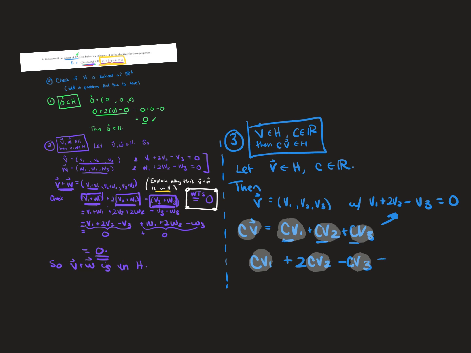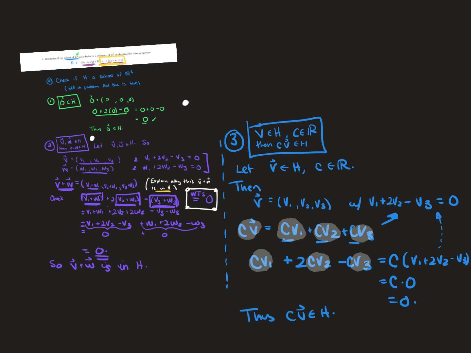But I can see that this is definitely equal to c times v1 plus 2v2 minus v3. And so that's 0 from up here. So that's c times 0, which is 0. Therefore, c times v is in that set H. So now I showed that 0 was in the set.